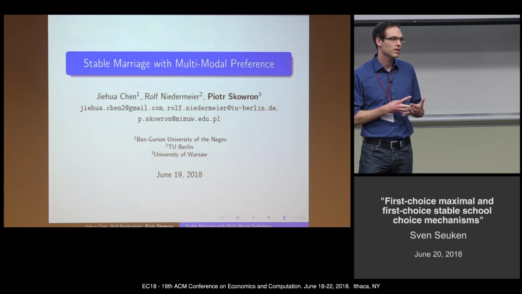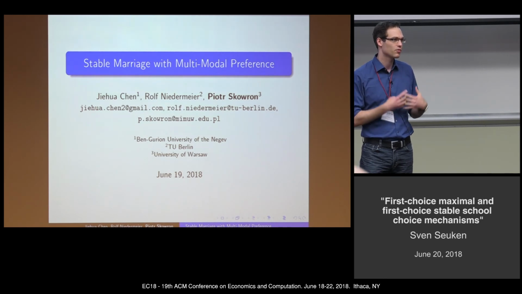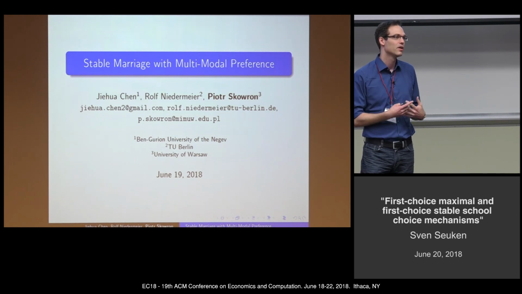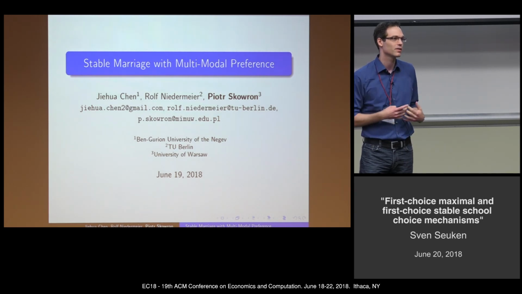But it also acknowledges the fact that some journalists and some school choice administrators just focus on it so strongly. So we want to understand, well, what does it actually achieve in these settings? And so it's trying to make a two-pronged approach to this literature.